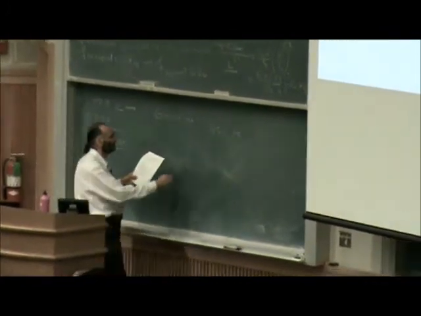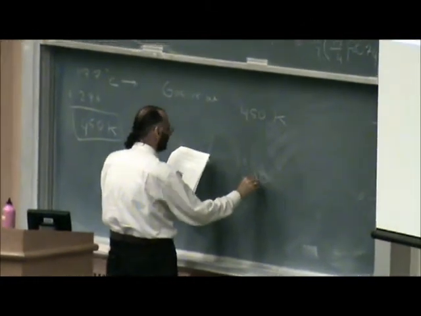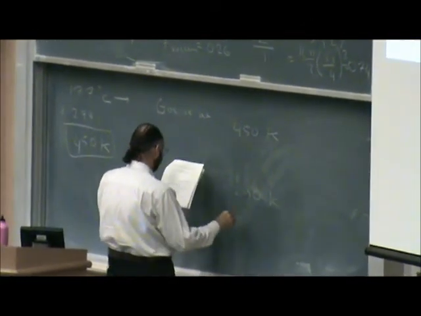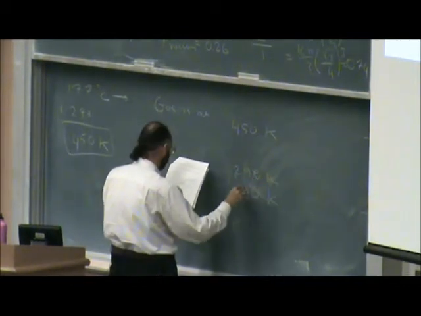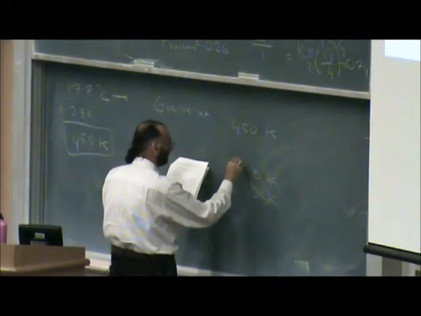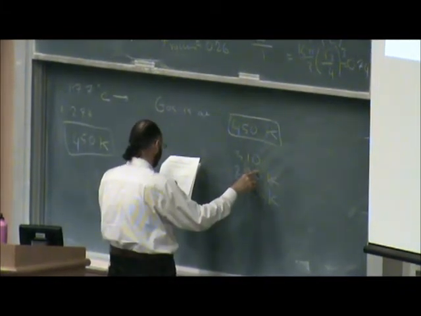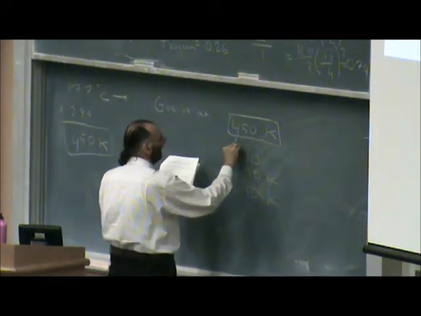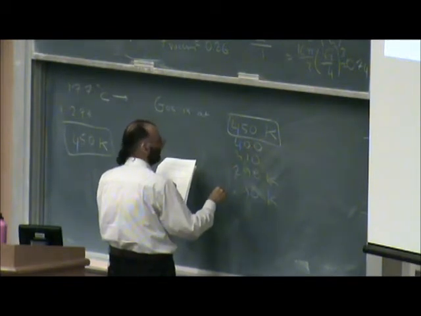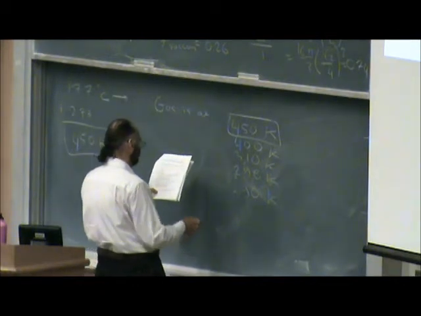You have 290, which is the smallest one, in Kelvin. Then we have 298, then 310, and then 400, and then what else? 500.